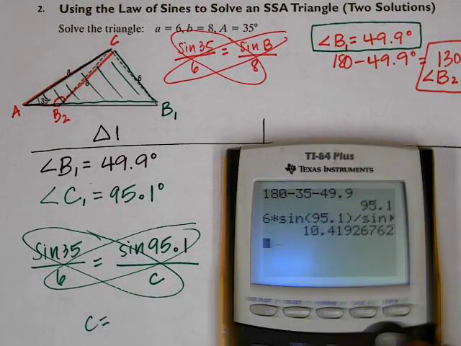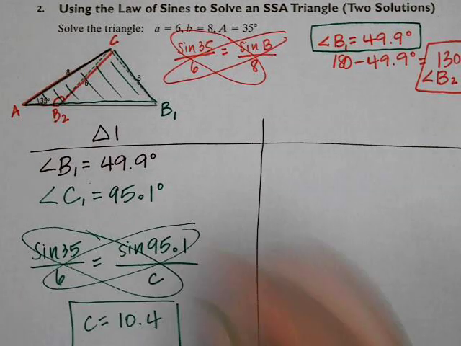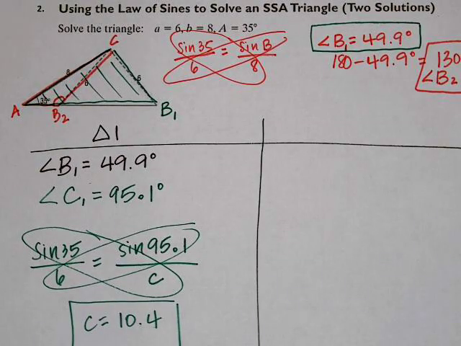So side C is about 10.4. And then I think we solved everything for the green triangle. Now let's jump into the red triangle.